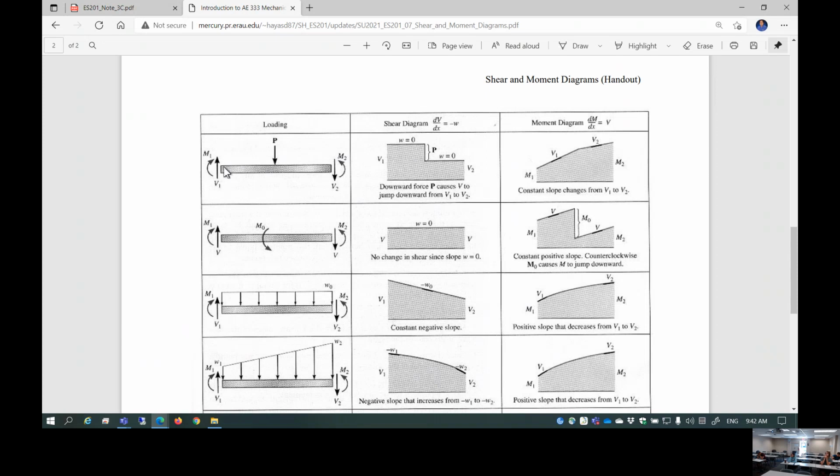So from here to the point force, point force P is applied here. From here to here, internal shear is constant, which is B1. Okay? Then after you apply the force P in this direction, you have a jump in the shear diagram. So now internal shear becomes B2, which is less than B1, from this location to here.